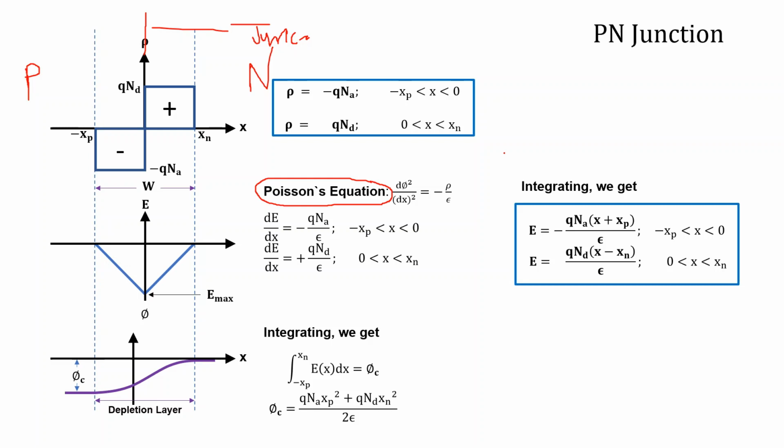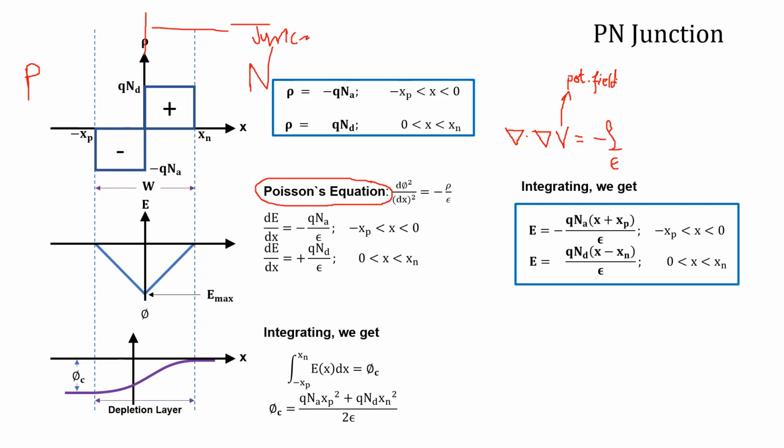Poisson's equation says that the divergence of a gradient of potential is equal to minus rho by epsilon. Okay, so this is Poisson's equation where V is the potential field, which is a scalar field, of course.